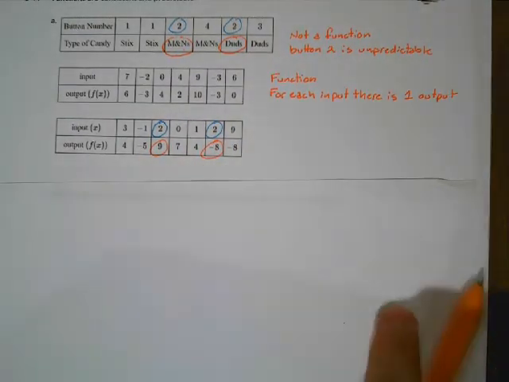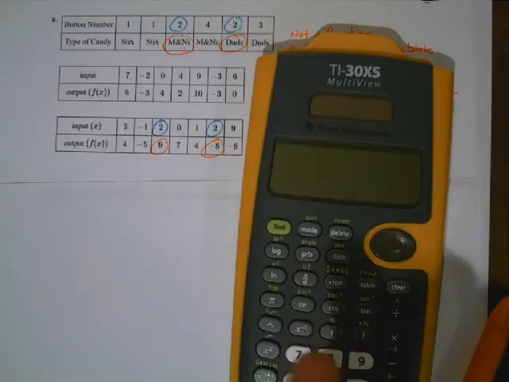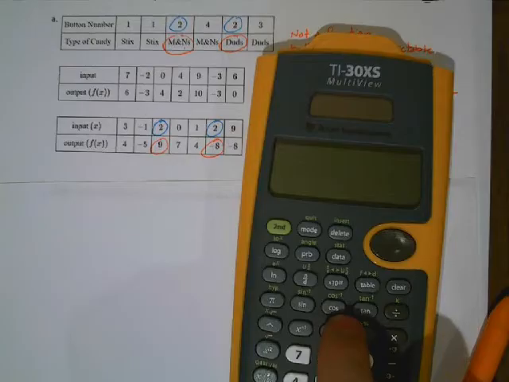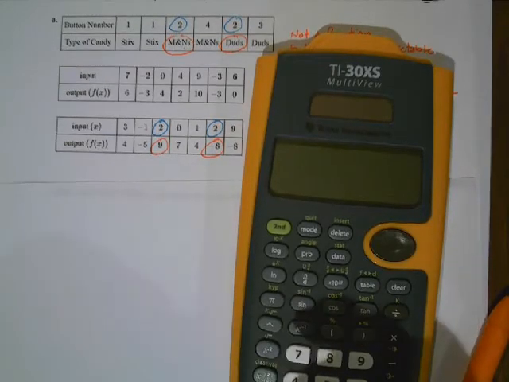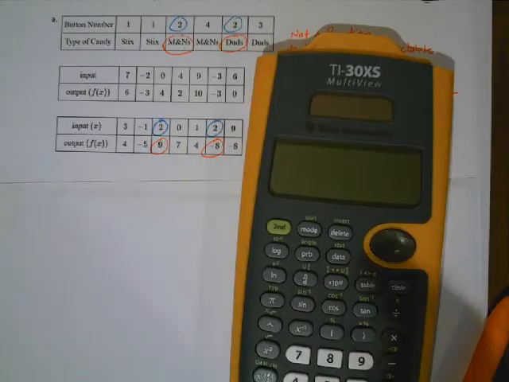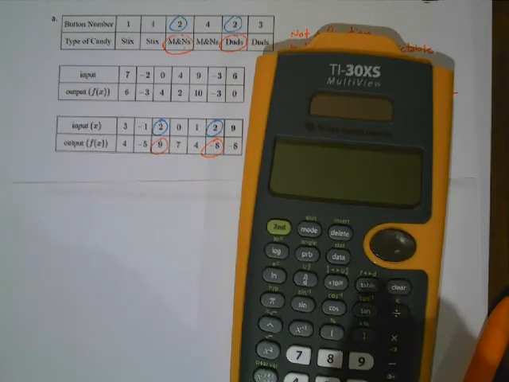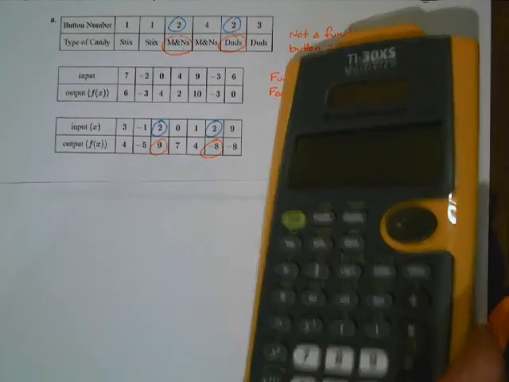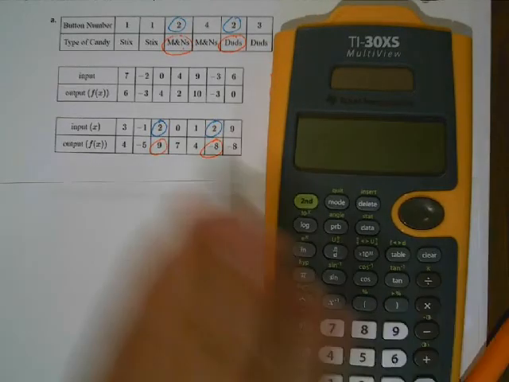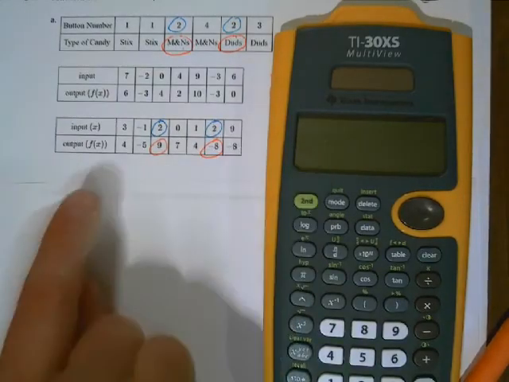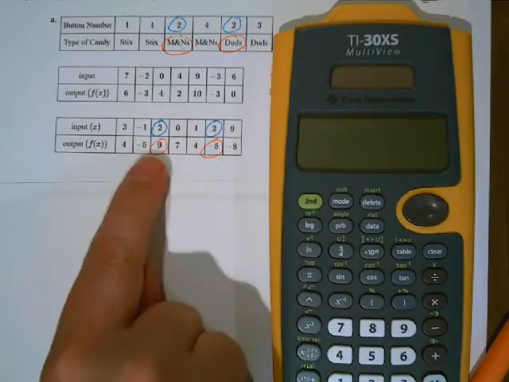It's kind of like a calculator, really. If I had a calculator here and I did 3 times 5, I would expect 15 to come out. Now, if the second time I used my calculator, I typed in 3 times 5 and I got 24, I'd say that this calculator is broken because it's not giving me predictable results. Well, that's what's happening here. I'm plugging in something and getting a different result.